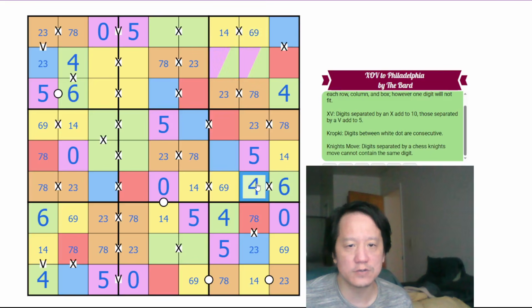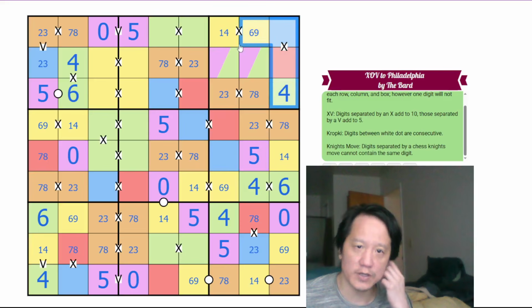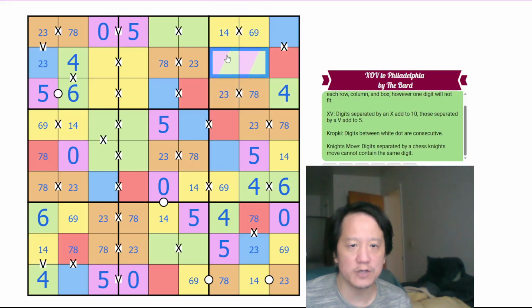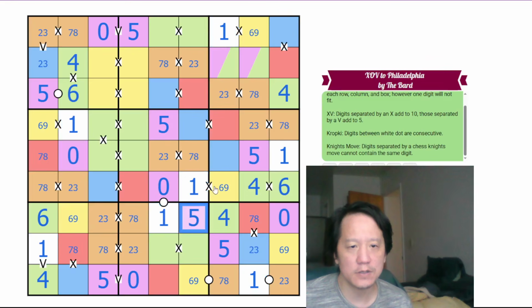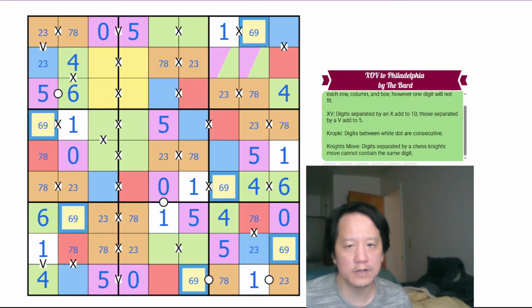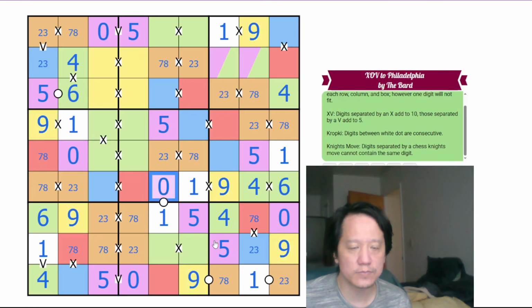You could have a 6 here. So 5 can't be in this box. So this must be a green-pink pair with one of them being 0. Okay. The yellow low is 1. The yellow high, then, is 9. 1 is consecutive with 2, so the orange low is 2.